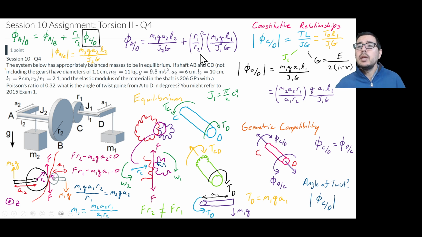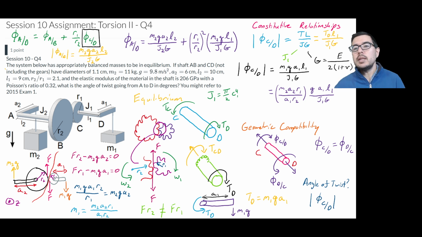Note that one of the ratios comes from what we did previously with our geometric compatibility, from solving for phi CD, so primarily geometric compatibility. And the other ratio, R1 over R2, comes from equilibrium, from this very important concept that the forces where they mate are conserved.